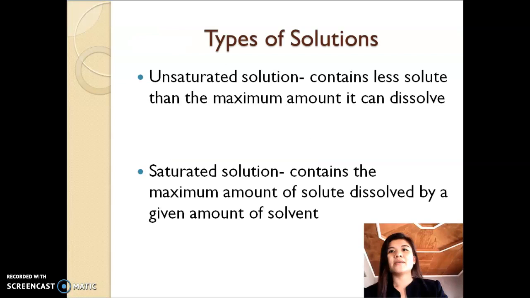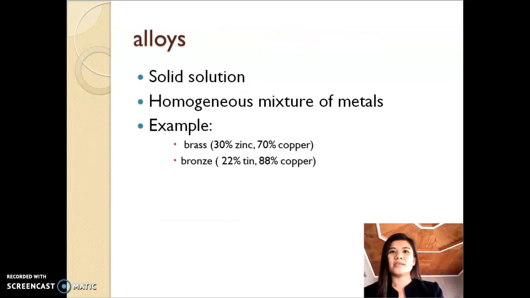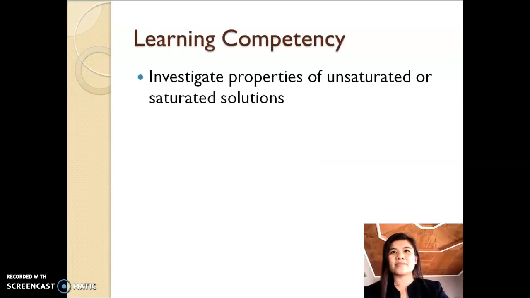Alright, so let's proceed. Types of solutions. So, let's have these answers now of the learning competency. Okay, so we are going back to the learning competency. Alright, so the learning competency is investigate properties of unsaturated or saturated solutions.